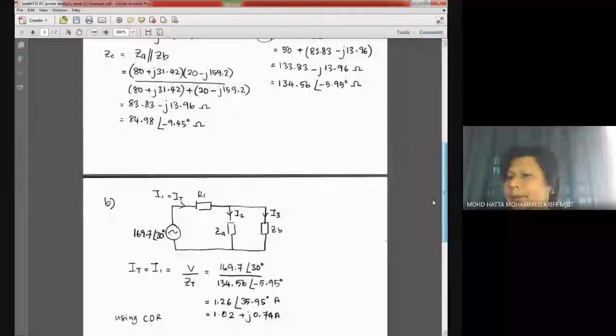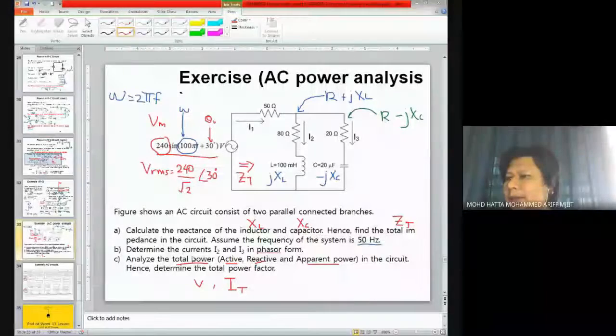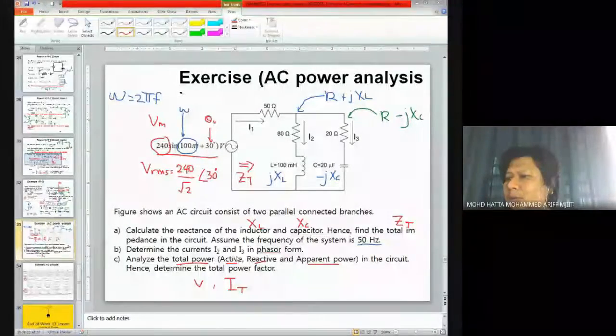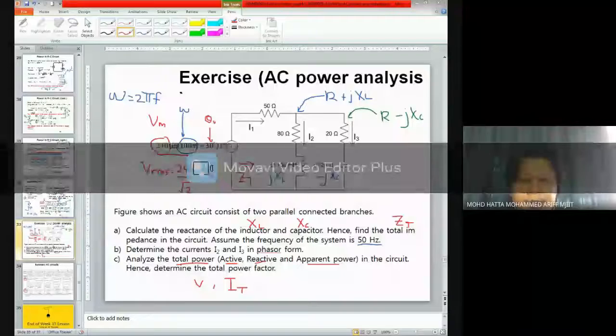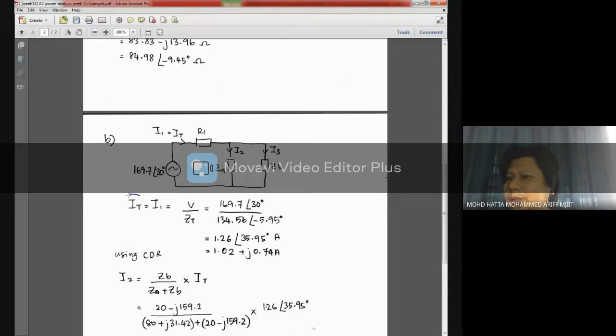And remember that in question B, we try to determine the currents I2 and I3. Here, to calculate I2 and I3, we need to know the information of I total.